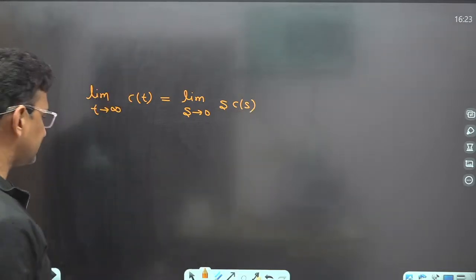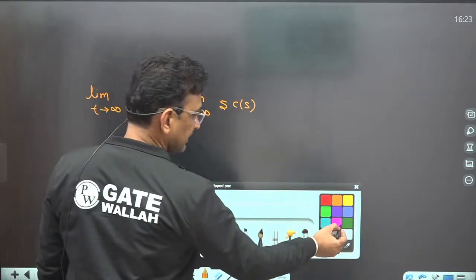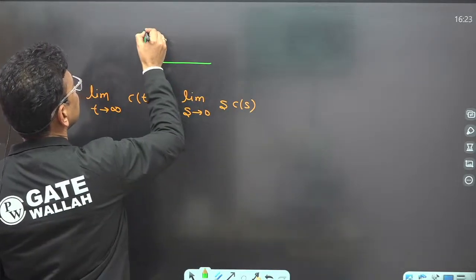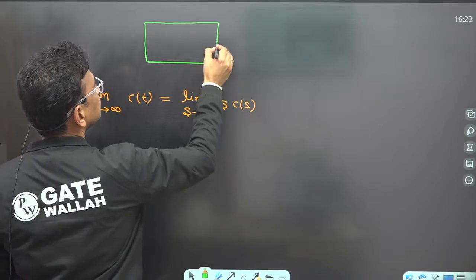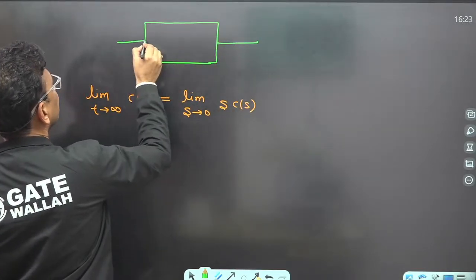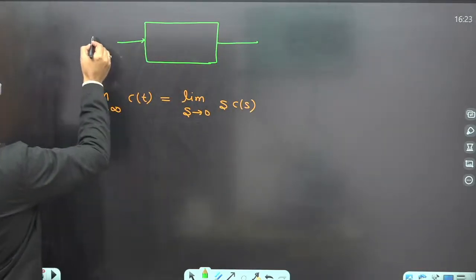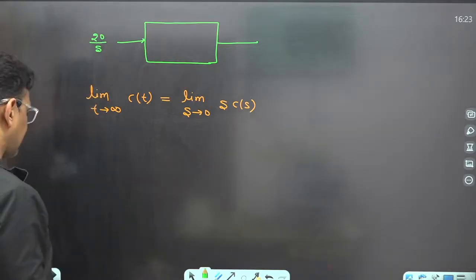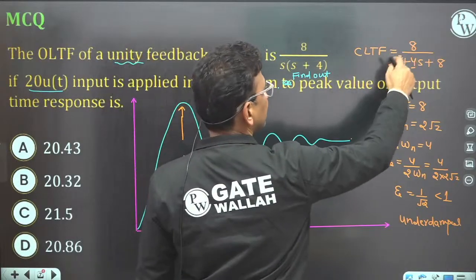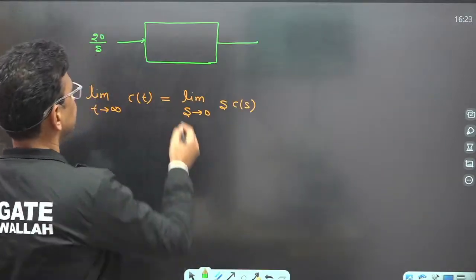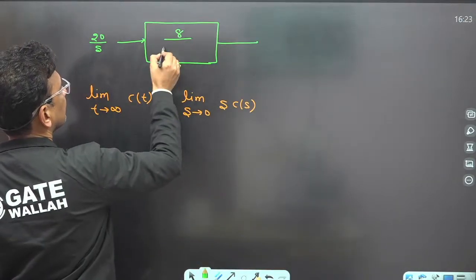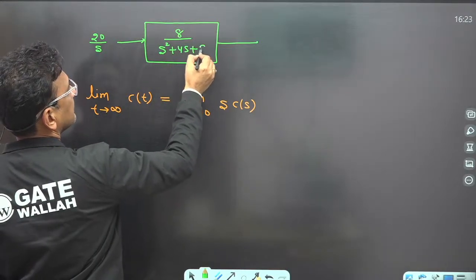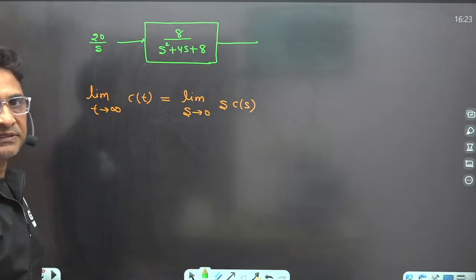So what will be C(s)? If I represent this system by a block diagram, we are applying 20 u(t), which means 20 by s. This is my input. The transfer function is 8 upon s square plus 4s plus 8. Clear? This is my overall transfer function.